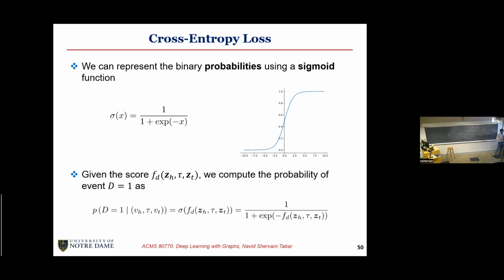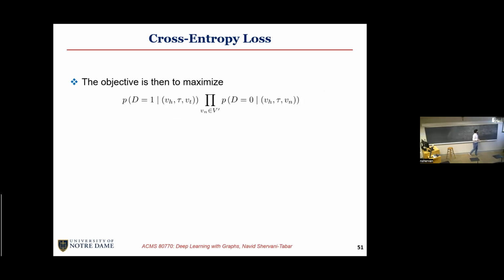I can take the score given by my decoder and plug that into the sigmoid function. That gives me a value between 0 and 1 that I can use to represent the probability of observing that triplet. So now I again write down my objective function.